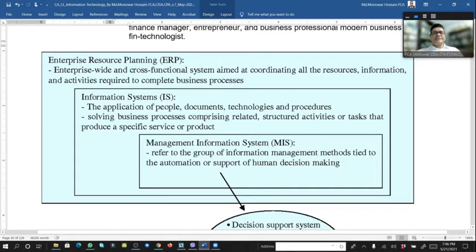Enterprise resource planning is an environment, and information system is a subsystem of enterprise resource planning system, and management information system is a subsystem of information system. So management information system also makes up the enterprise resource planning system. And here information system is an environment of management system, and enterprise resource system is an environment of information system.